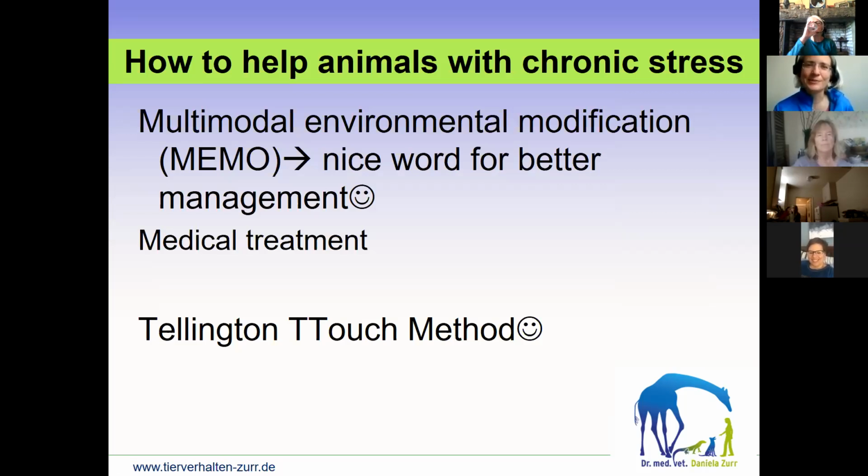It's just a good word for do good management and adapt the environment to the individual needs of the animal. Obviously, many of these animals need medical treatment, and that's not your job. And from my point of view, most of them also need TTouch.